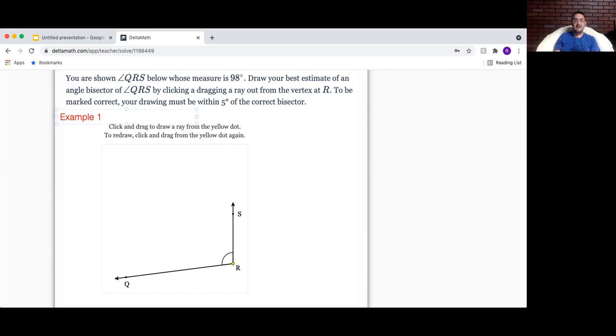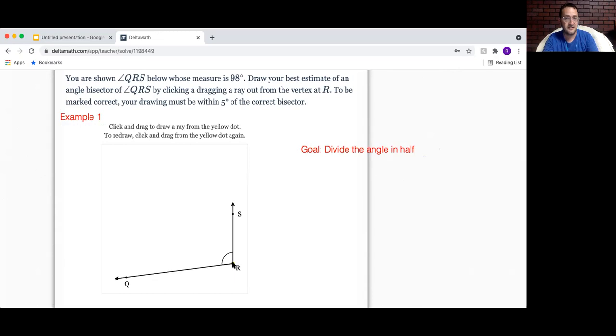What it says is it wants you to draw your best estimate of this angle bisector, angle QRS, by dragging a ray out from vertex R. So your goal in this problem is to divide the angle in half, and you want it to be as close to exactly in half as possible.